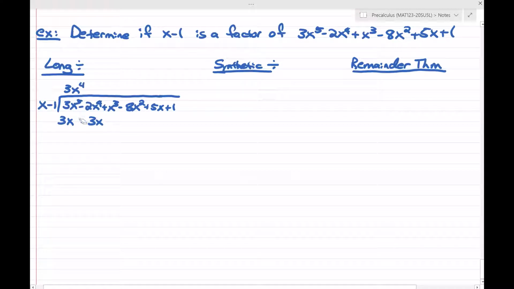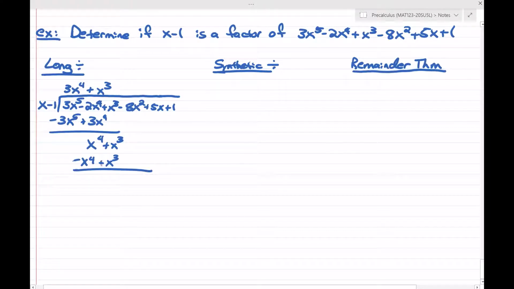I misread my 5 over here as a 3. So then we get 3x to the fifth minus 3x to the fourth. If we subtract these terms, we get just x to the fourth, and then we'll bring down the x to the third. X times x to the third gives us x to the fourth, and if we multiply that out, we get x to the fourth minus x to the third.